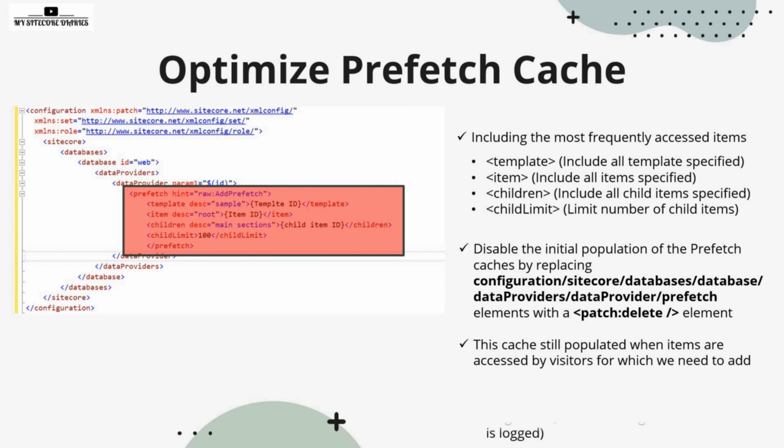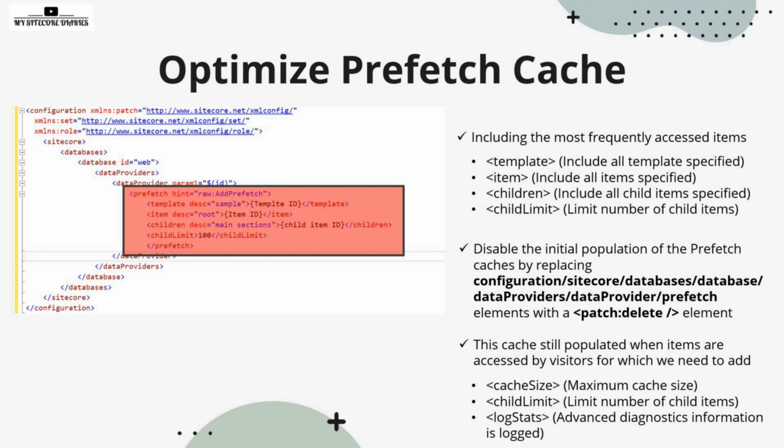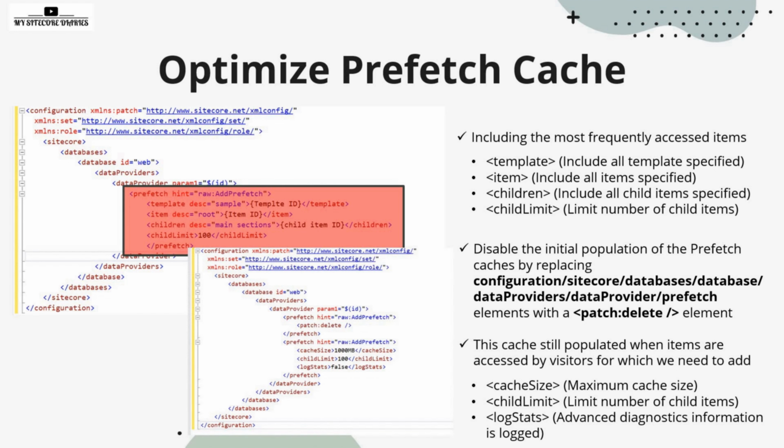You can define the cache size, child limit, and log status in this configuration. So if you see this configuration here, it's a patch file, data provider parameter. Here for the prepage file we add a patch delete, so it will disable the prepage cache.